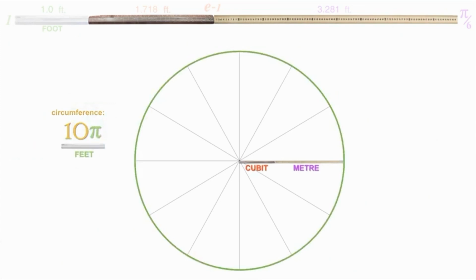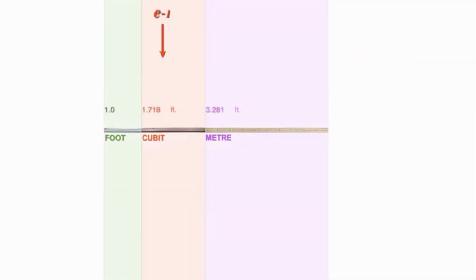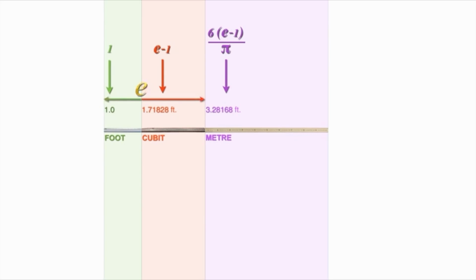In fact, when we make the cubit be the perfect e minus 1, the meter the perfect pi over 6, which works out to this little formula here, and the foot is perfect unity, the inherent mathematical perfection is in there: between foot and cubit, e; between cubit and meter, pi. And it produces this.